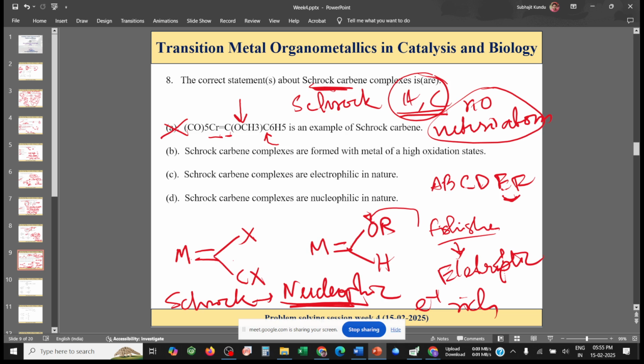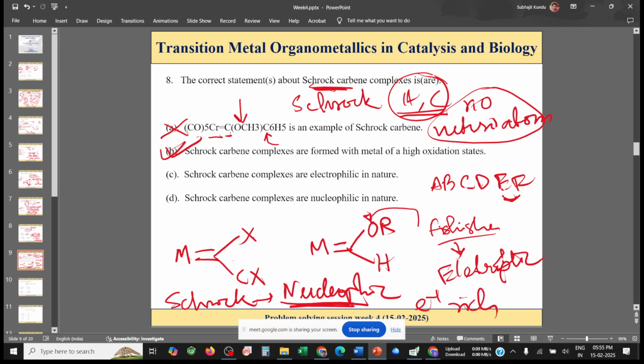So it will always try to bind with metals in a high oxidation state. That means if you are rich, you are going to donate. The Schrock type of carbene is electron rich, nucleophilic. It will bind with the high positive charge metal, that is, metal with high oxidation state. So option B will be the correct answer for this question.